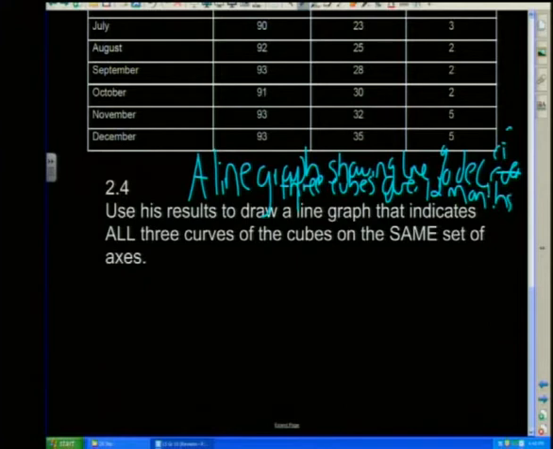I've got all my variables. I'm telling you what graph it is. Here is my dependent, and here is my independent variable. Heading, very important. Now let's draw the axes.